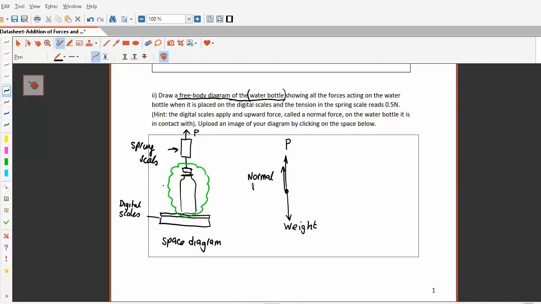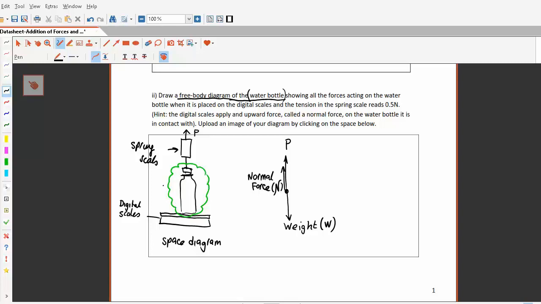I will give the normal force a symbol like so, so that we do not confuse that with the uppercase N that we use for newtons.